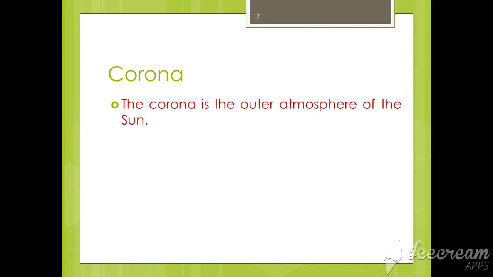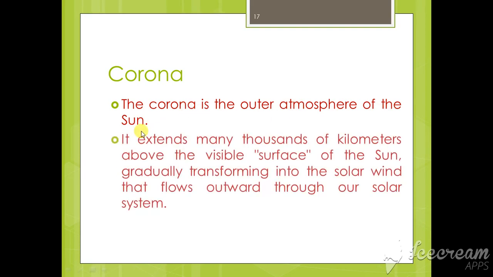The outermost part is the solar corona. The corona is the outer atmosphere of the sun. It extends many thousands of kilometers above the visible surface of the sun, gradually transforming into the solar wind that flows outward through our solar system. So basically it is the source of the solar wind.